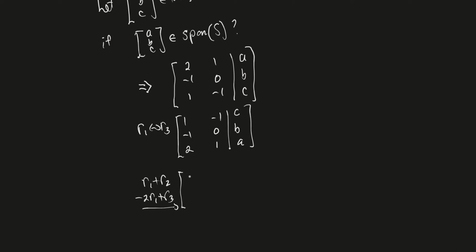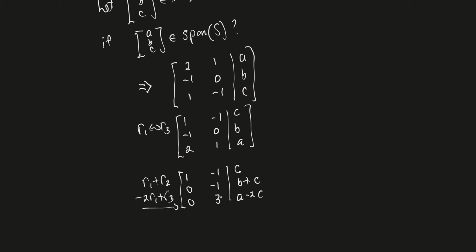Now we'll have 1, -1, c. Then when I add the first row to the second row, I will have 0, -1, and then b plus c. And then if I take negative 2 times the first row and add it to the third row, I'll have 0, 3, and then a minus 2c.